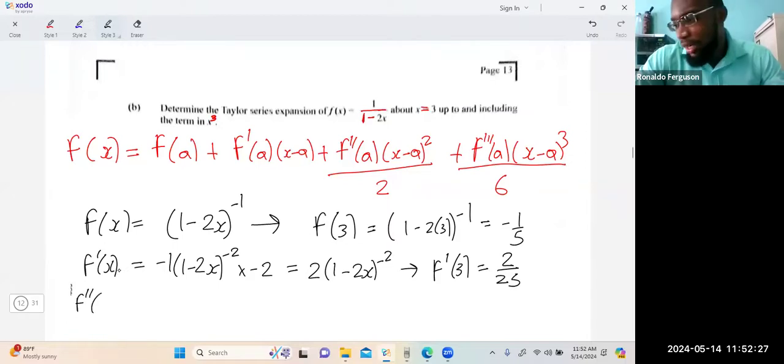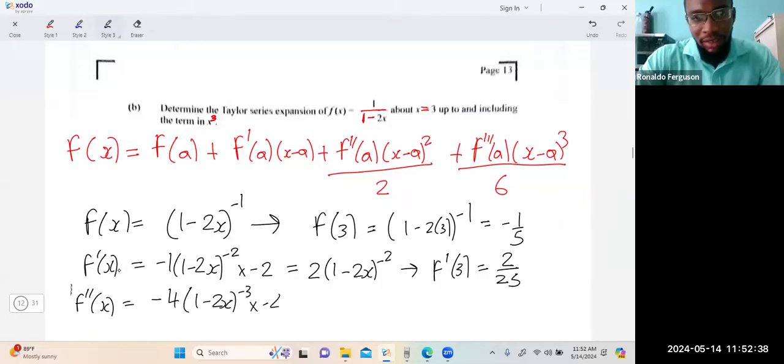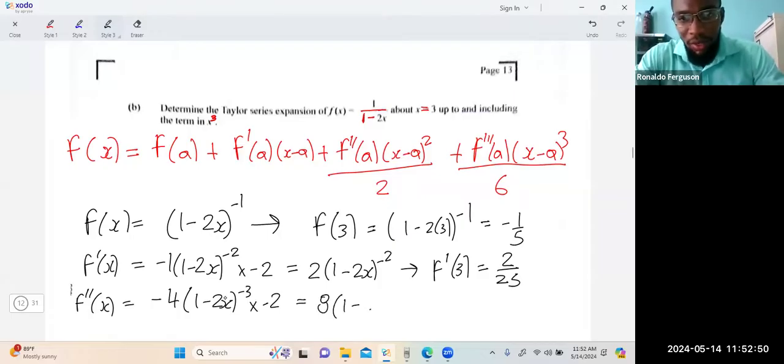Now f double prime of x is equal to: carry down the power minus 4, subtract 1 from the power, but then multiply by the derivative inside the bracket. That's good. It is equal to 8 in bracket 1 minus 2x to the negative 3.